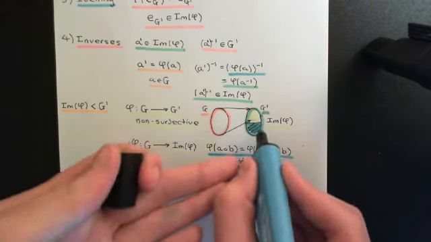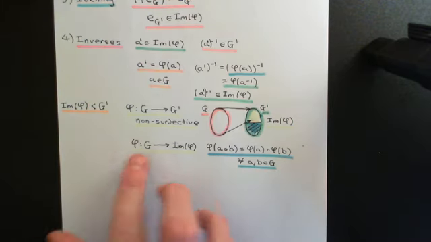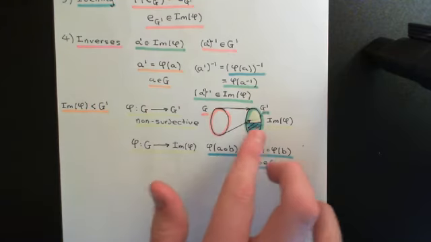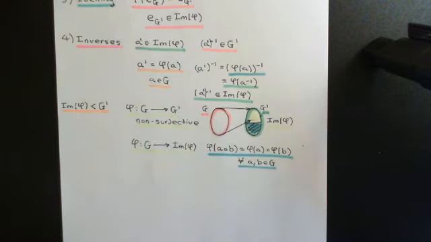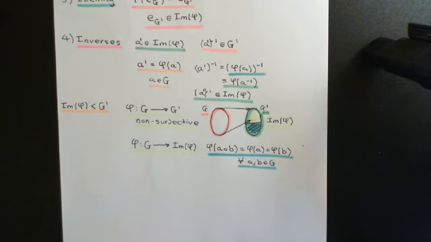So how could getting rid of those elements possibly affect this condition? The answer is it can't. So this mapping, where we've got rid of the elements that aren't involved from our codomain, is still in fact a homomorphism.